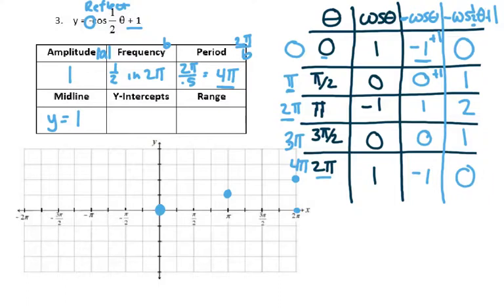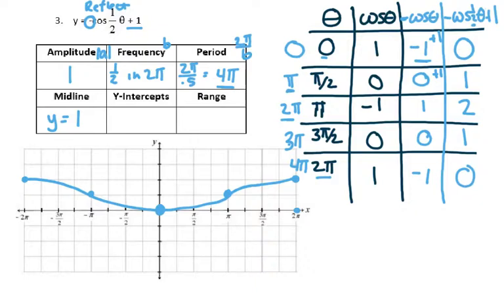So if I worked my way backwards, at -pi, I should be at 1. And at -2 pi, I should be at 2. And now I can connect my points, and I have my full cosine function graphed from -2 pi to 2 pi.